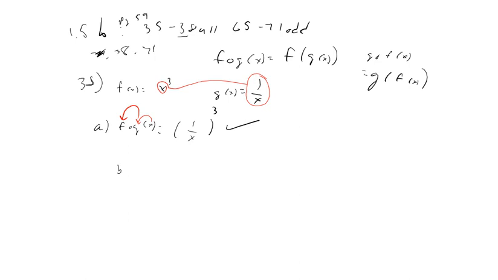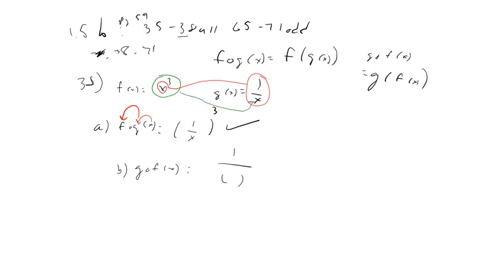Easy. What about g of f of x? Same thing. Outside function is g, so I have my 1 over something. When I do my outside function, I write it and then leave a blank where the variable was. Every variable becomes a blank, and that blank gets filled in, this time, with the whole f function.